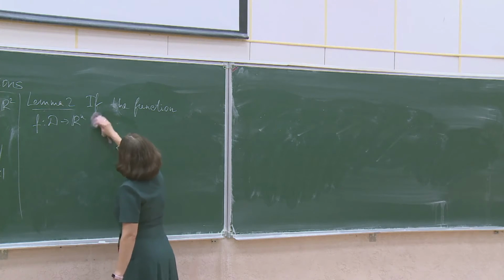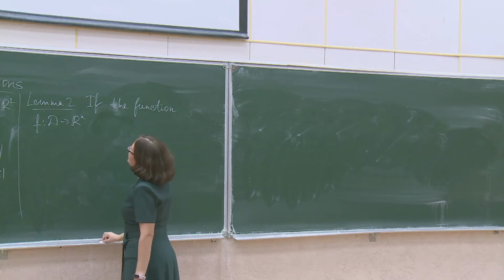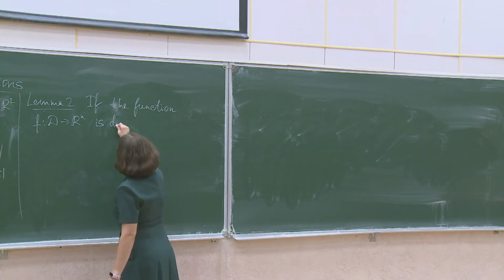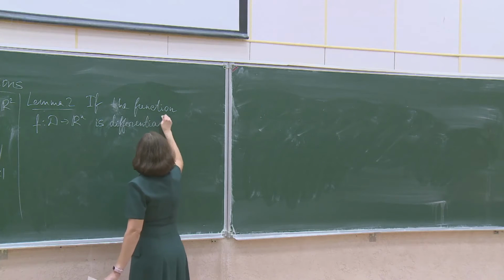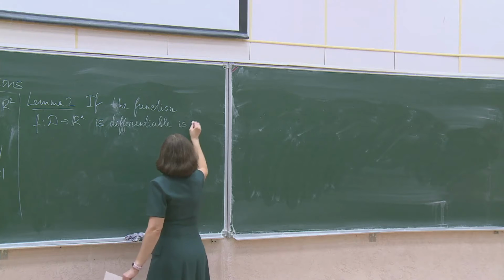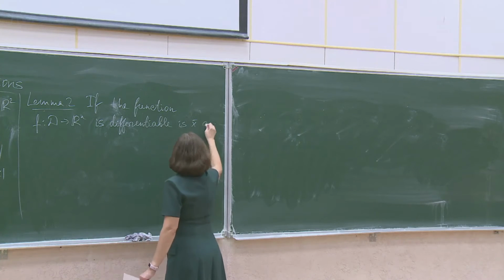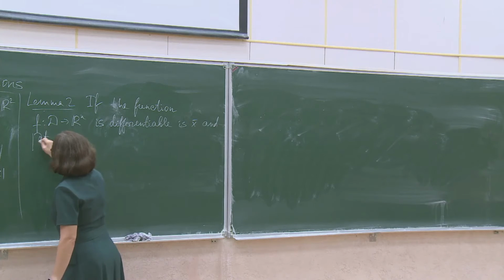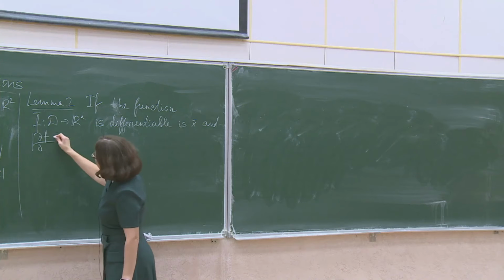Just a moment. Not has partial derivatives, so is differentiable in x, and partial derivatives, all the partial derivatives. So this is the vector function.